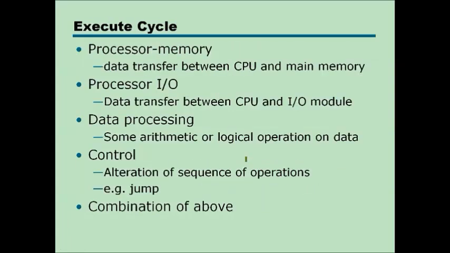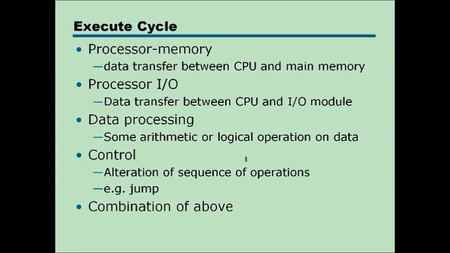Next is execute. After fetching, try to execute. In the execute cycle, you have the processor-memory, wherein data is transferred between the CPU and main memory. The processor-I/O, or processor input-output, is the data transfer between the CPU and the I/O module.